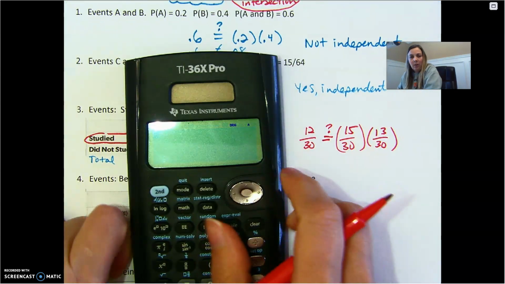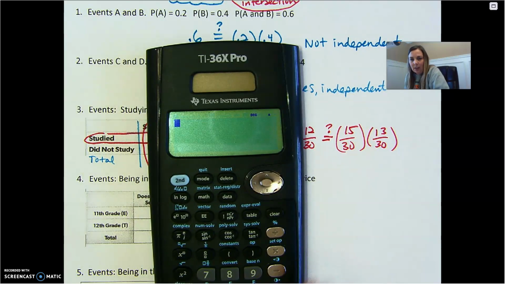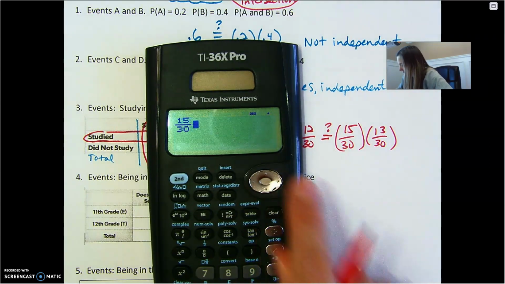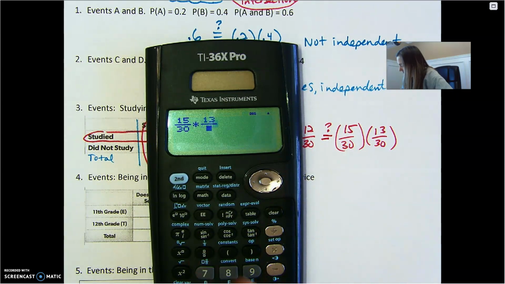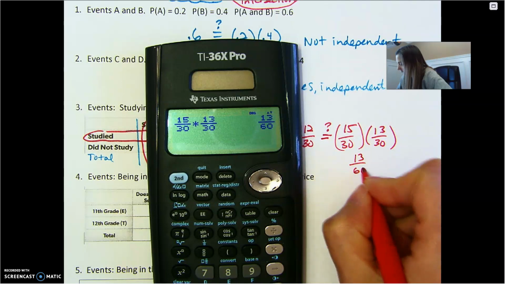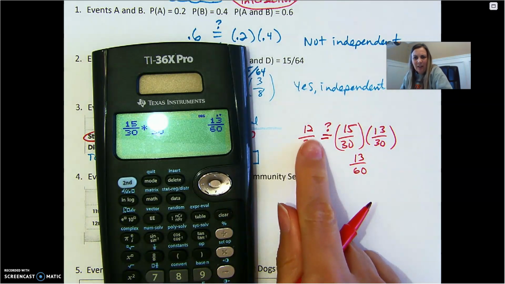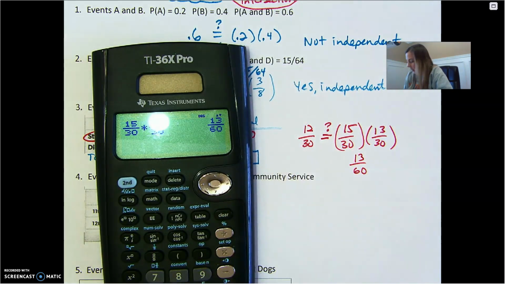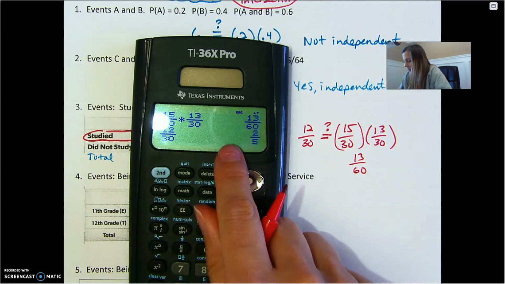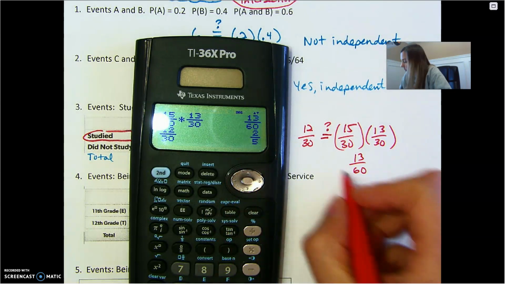Okay, so good old calculator to the rescue. We've got 15 over 30 times 13 over 30. So this is equaling 13 out of 60. And over here, I don't think that's going to work. Let's reduce that though, because I bet it does. 12 out of 30 reduces to 2/5.